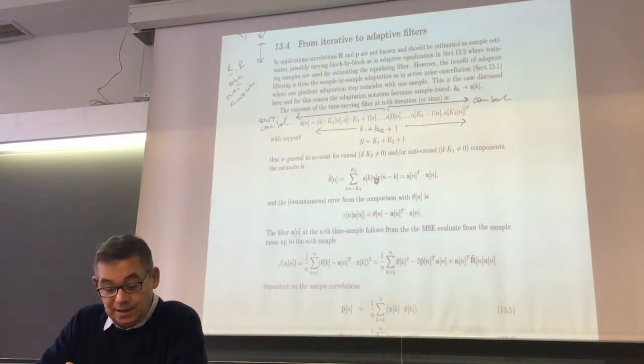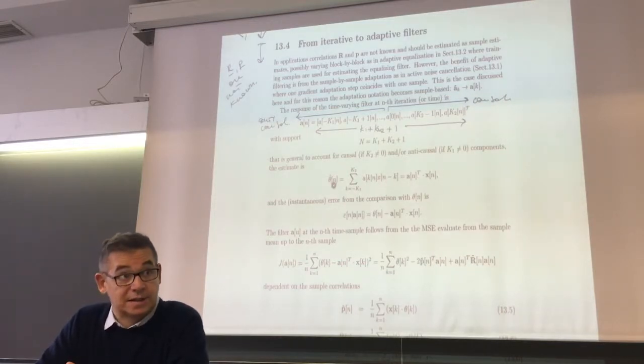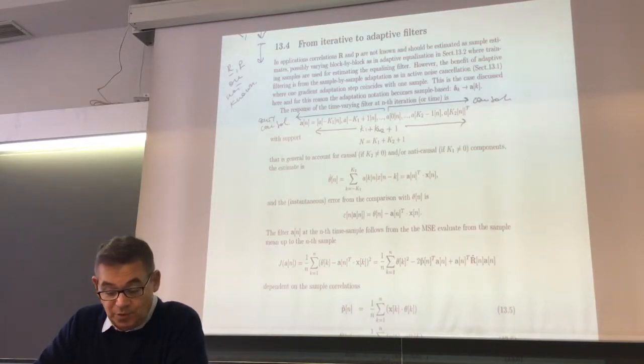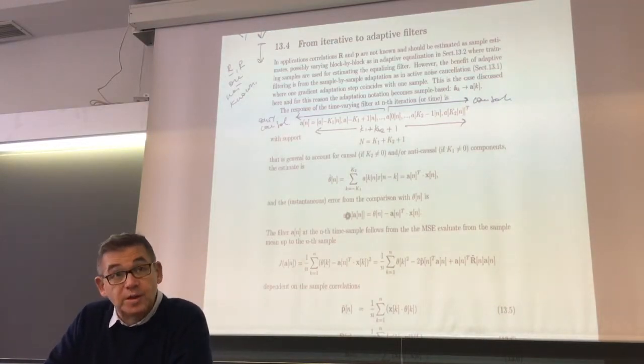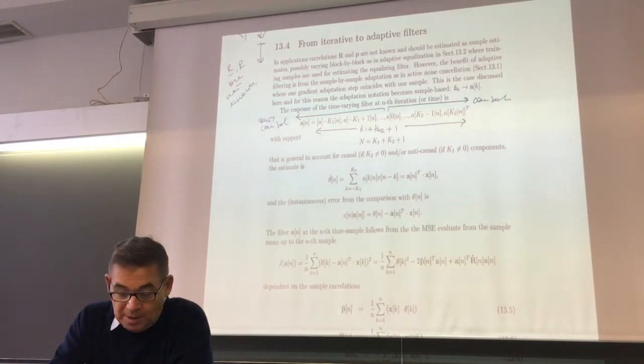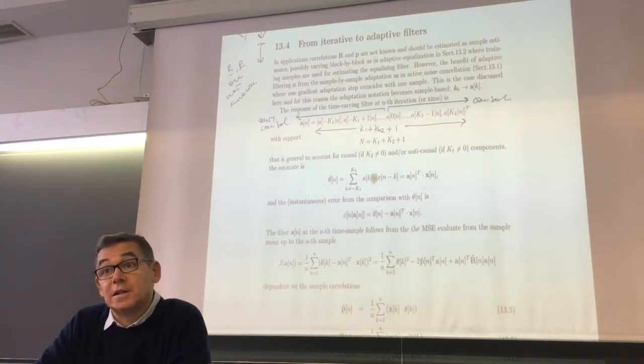So it's taking the filter a at iteration n, taking x, and convolving. By the convolution, I get theta hat. Similar to before, I'm computing the error. Now, the major difference with respect to before is that the coefficients of the filter are n dependent, which means time varying.